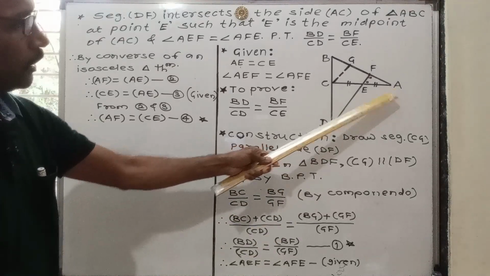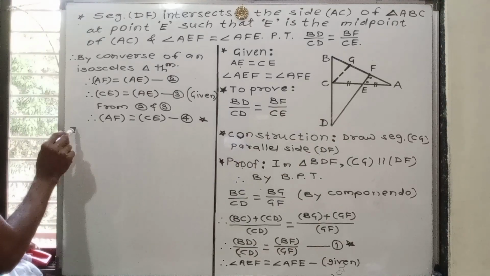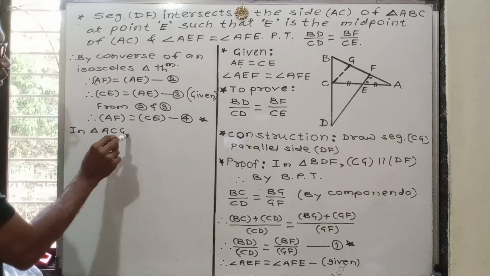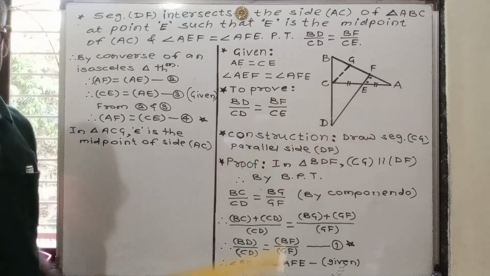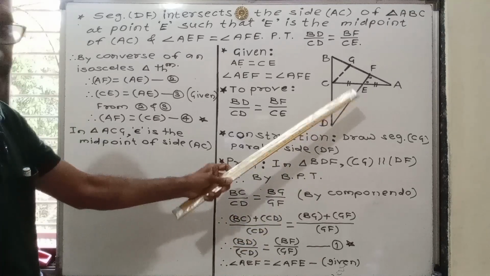Okay, now see this. In triangle ACG, E is the midpoint of side AC. Now listen carefully.